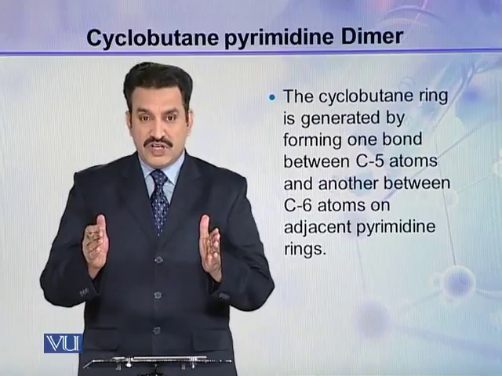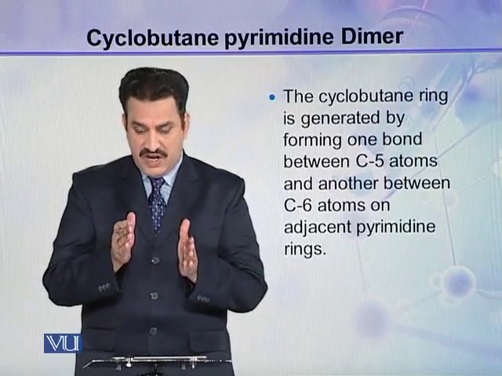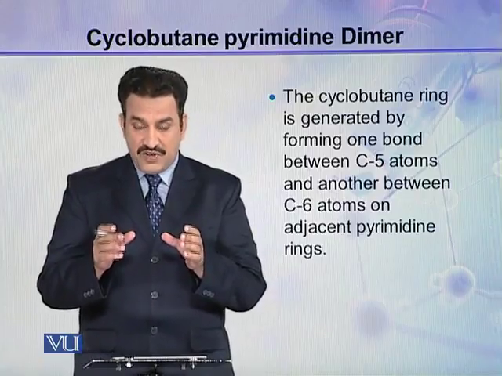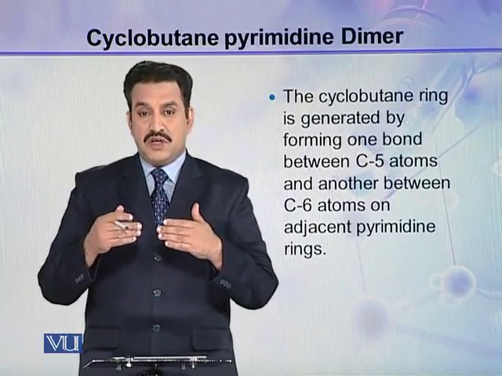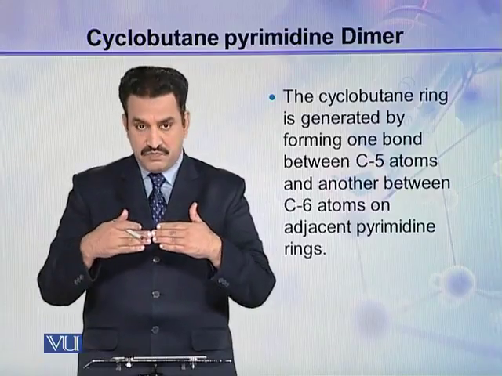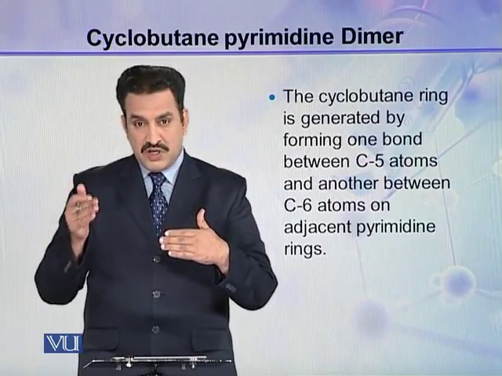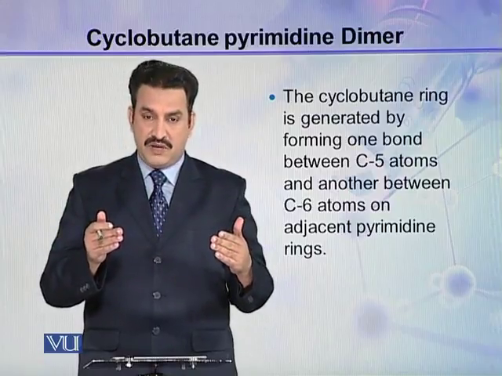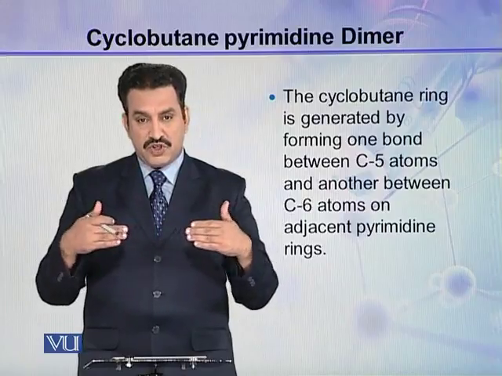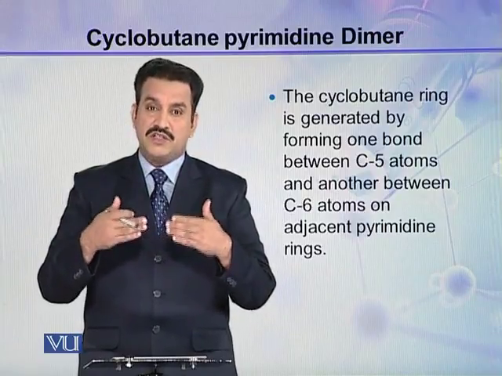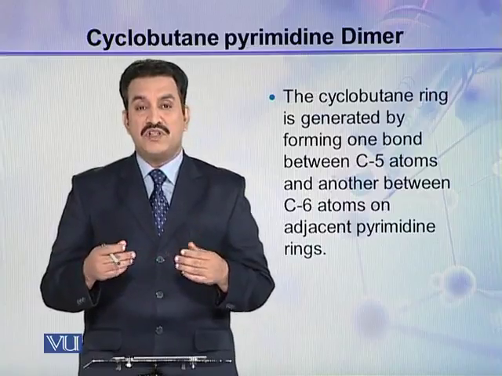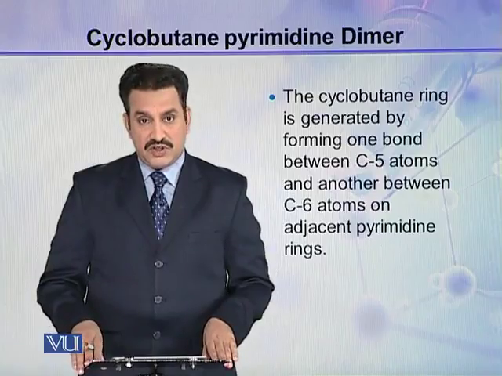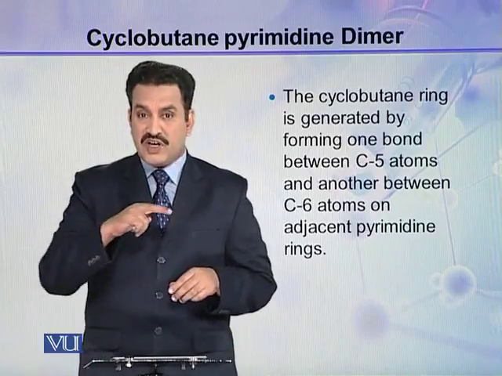So if two pyrimidine rings are present adjacent to each other, the first bond is formed between the C5 atom of this pyrimidine and the C5 atom of this pyrimidine. The second bond is formed between the C6 atoms of both these pyrimidine rings. So in this way, two bonds are formed.